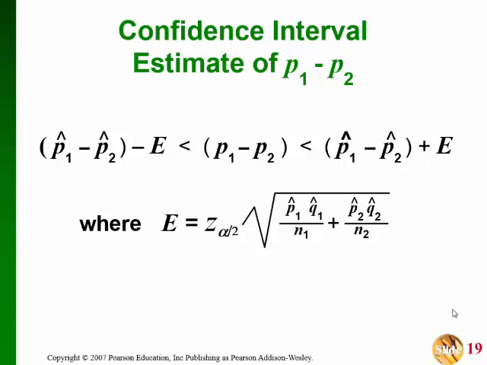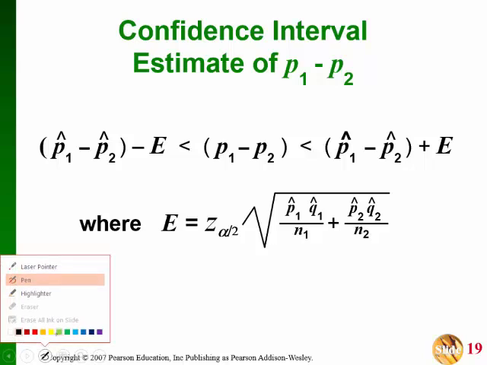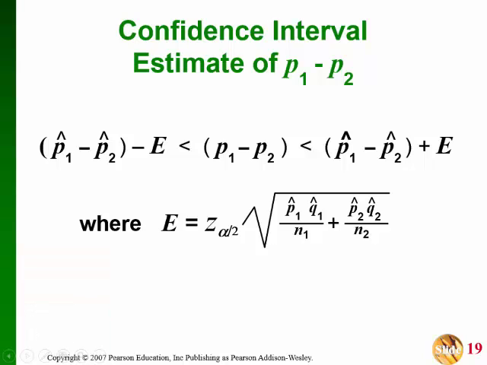So p-hat 1, p-hat 2, and if you compare it to the confidence interval we had way back when we did the confidence interval for proportions, it's really a p-hat minus e less than p less than p-hat plus e, except instead of just a regular p-hat or p, it's a p-hat 1 minus p-hat 2, and then the p got replaced with p1 minus p2, the difference.